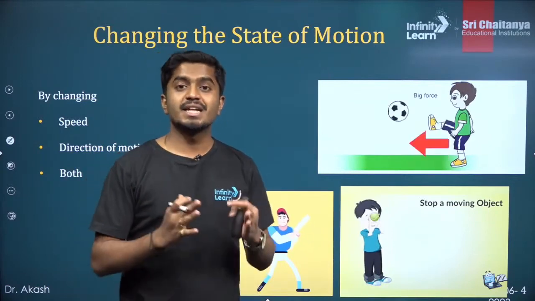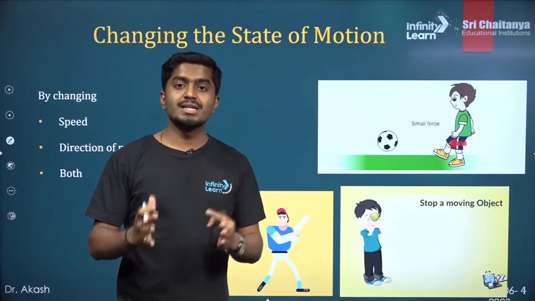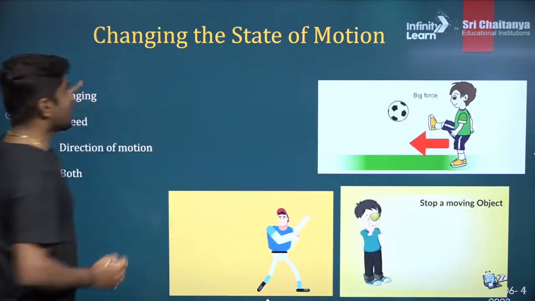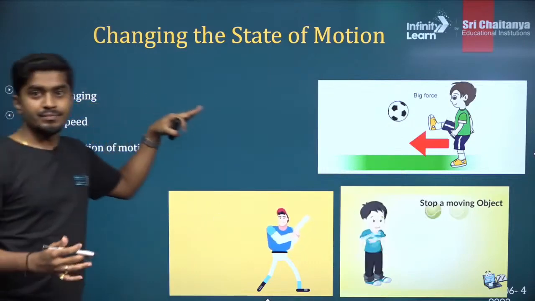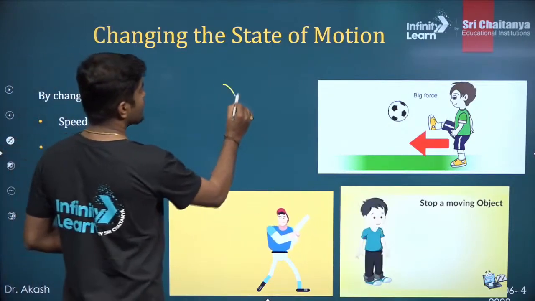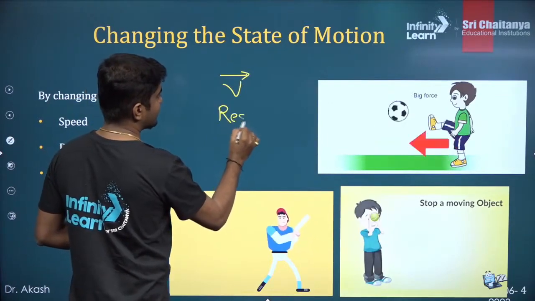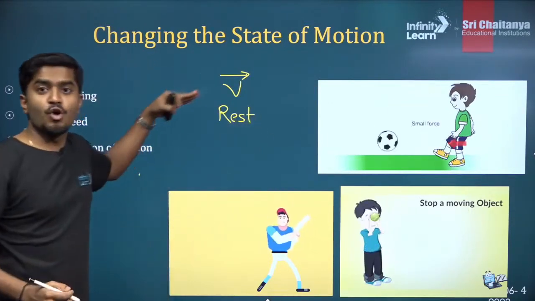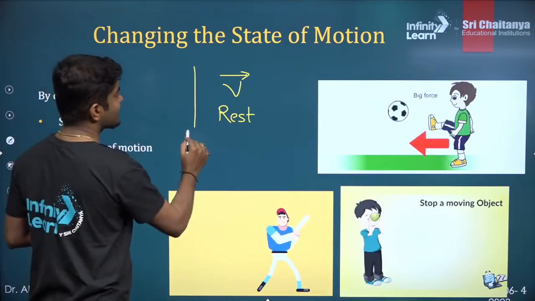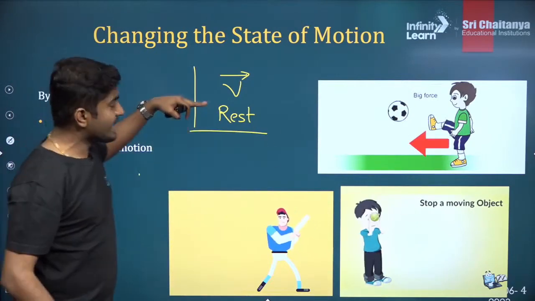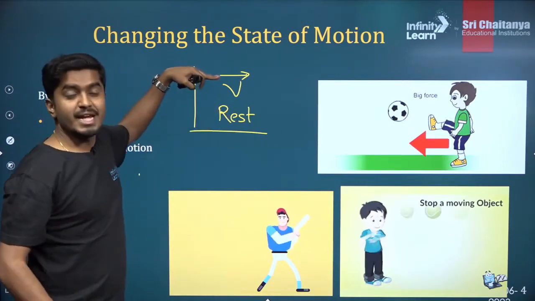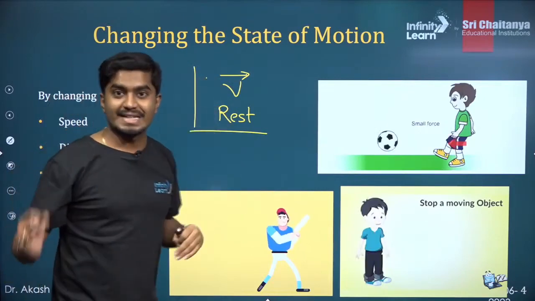So that is the state of motion. You can write it as the velocity of the object, or the object is at rest. This is called state of rest or state of motion in a straight line.